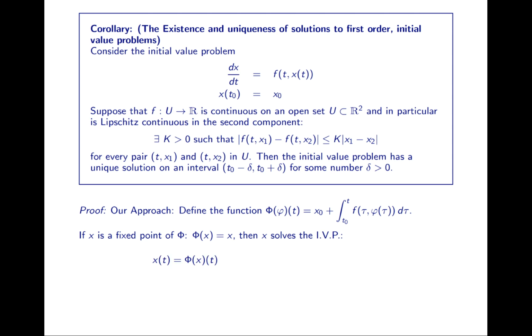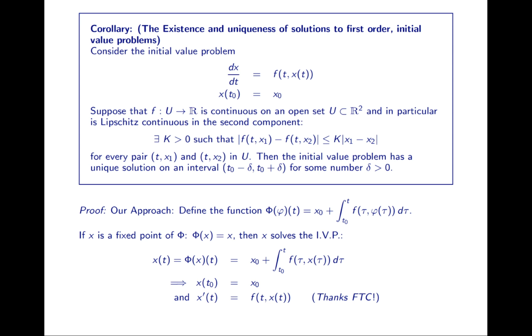Right? If x of t equals big phi of x of t, which equals x naught plus the integral from t naught to t of f of tau comma x, then x of t naught equals x naught plus the integral from t naught to t naught, which is 0, and x prime equals f of t comma x, thanks to the fundamental theorem of calculus.